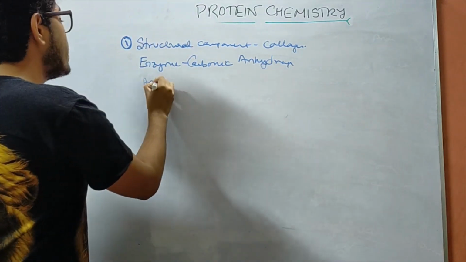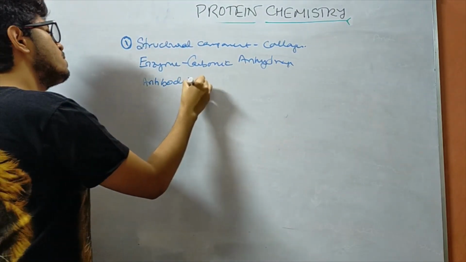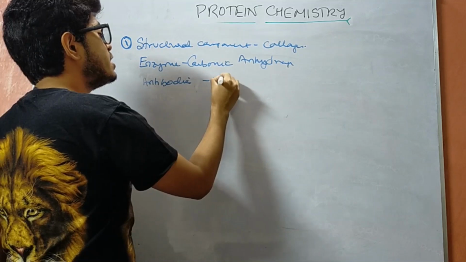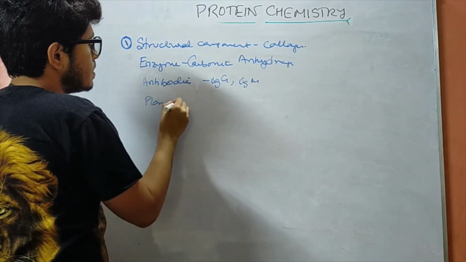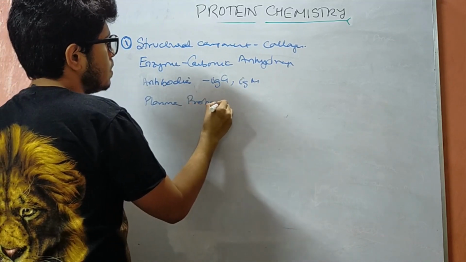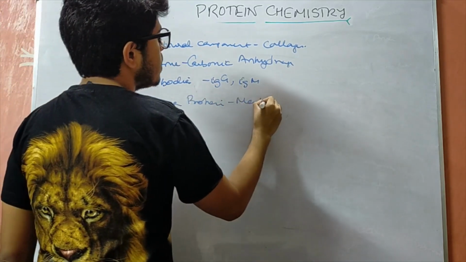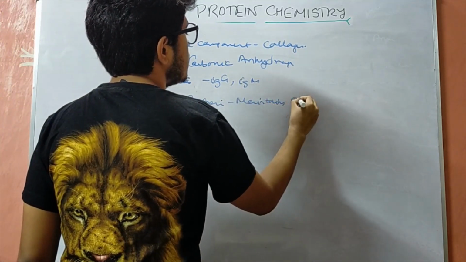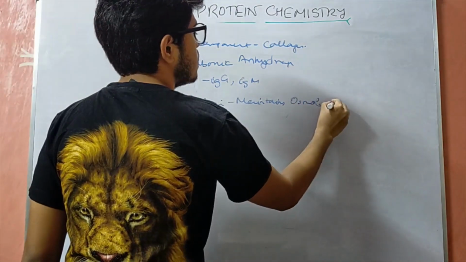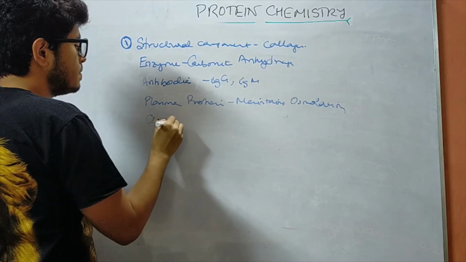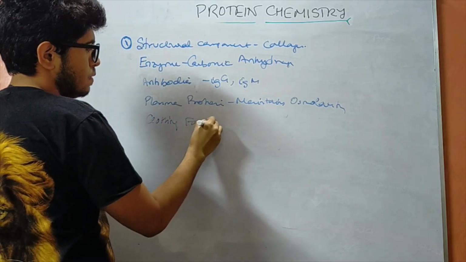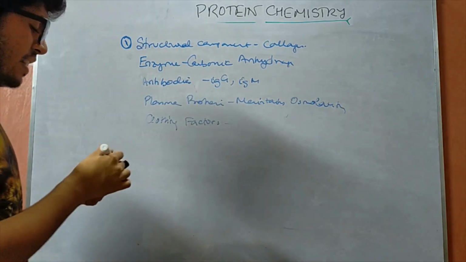So antibodies, IgG, IgM, plasma proteins maintain osmolarity, and then we have clotting factors. So these are all the various things.